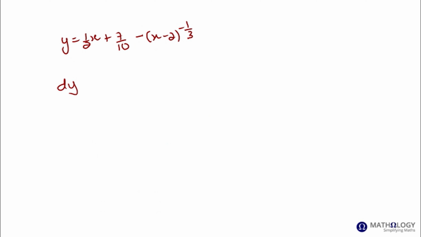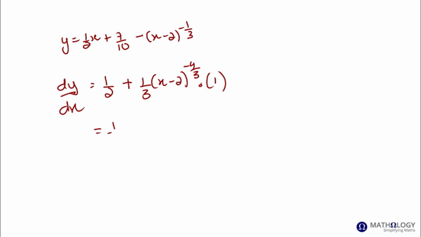So dy dx equals a half. The derivative of the constant is 0. So we have a half minus, which becomes a plus because we're multiplying by minus a third. It's going to be a third times x minus 2 to the minus 4/3, times the derivative of x minus 2, so just multiplying by 1.